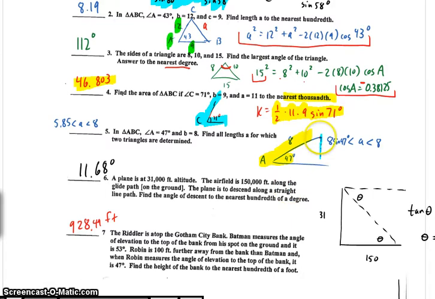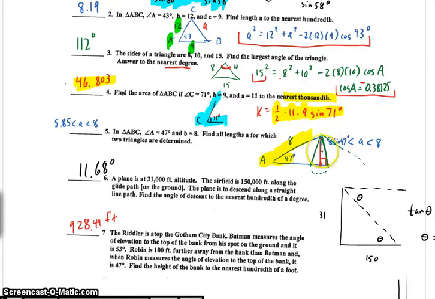Remember that the key length here is when this is a right triangle. That would give us one triangle. If we're shorter than that, then this side won't reach and we can't get a triangle. If we're longer than that, for instance here, I could swing this side with the same length around and get a different triangle. That's where we have two triangles.